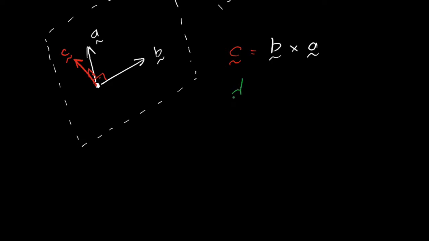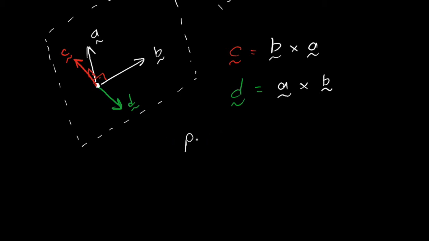And then let's say we have vector D, which is defined as vector A cross vector B. Then vector D would look like this. And as you can see, vector D looks different than vector C. And this is because the order of crossing matters for cross product. The order matters for cross product. For dot product, it does not matter.